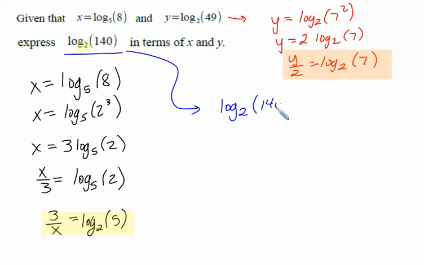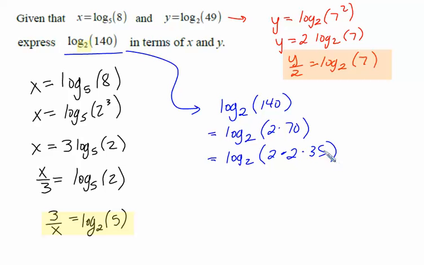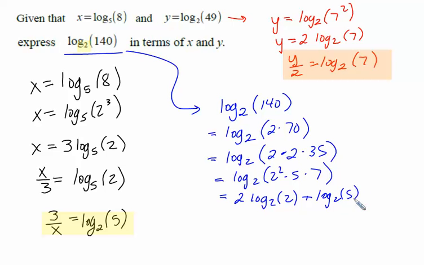So log base 2 of 140, this is when we're going to work on factoring, is the log base 2 of 2 times 70, which is the log base 2 of 2 times 2 times 35, which is the log base 2 of 2 squared times 5 times 7, which is going to be 2 times the log base 2 of 2, plus the log base 2 of 5, plus the log base 2 of 7.